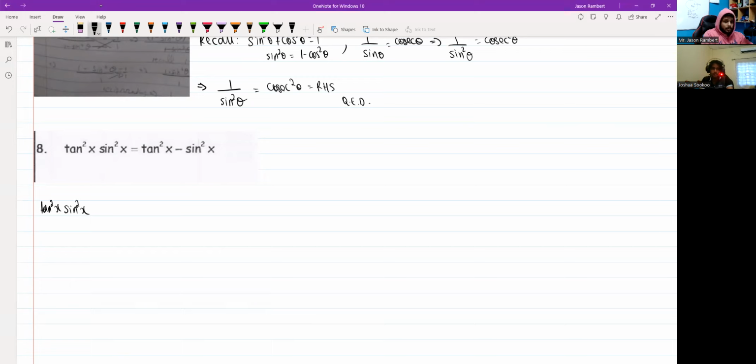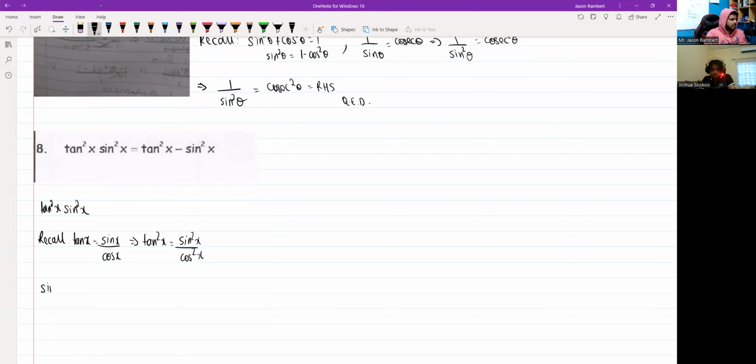Now I will recall that tan x is sine x over cosine x. So tan squared x is sine squared x over cosine squared x.